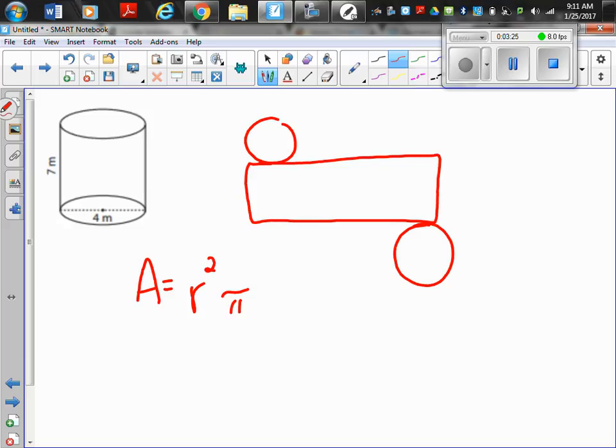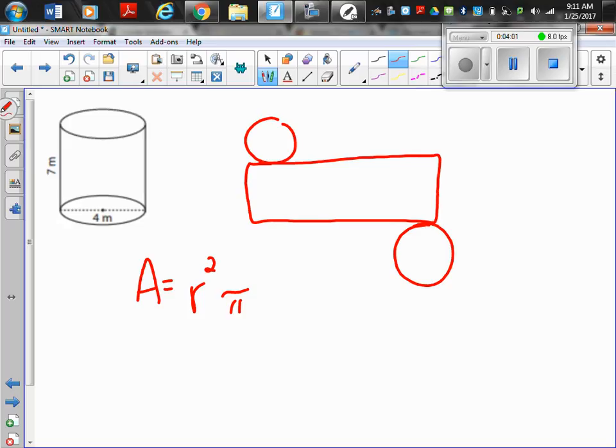If the line goes all the way across, what's it called? Terrence. The diameter. But this tells me I want my radius. I have to use my diameter to get my radius. Paul, how am I going to get my radius from my diameter?